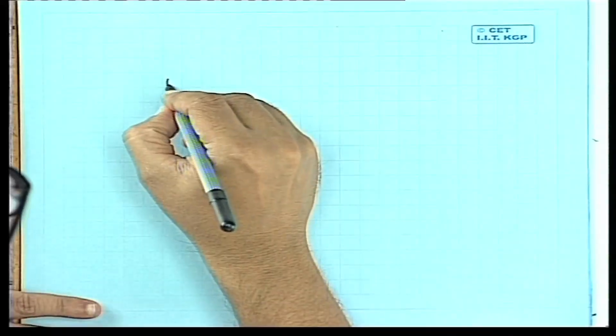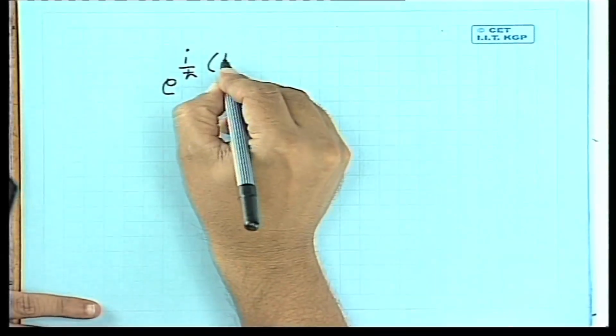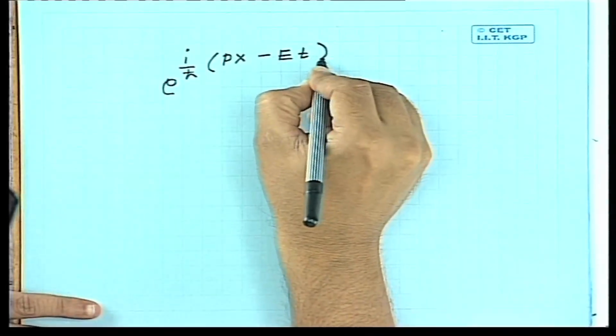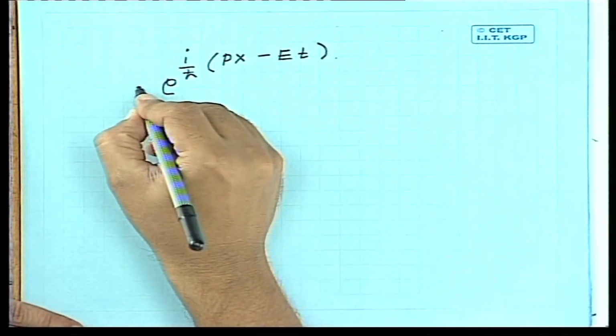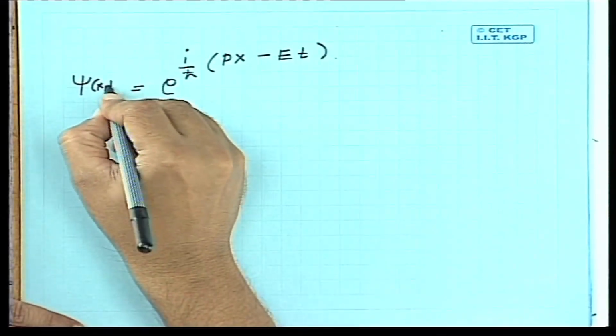What are the stationary states for a free particle? The stationary states for a free particle are just these: e to the power i by h cross (px minus Et). So this is a particular stationary state of a free particle.